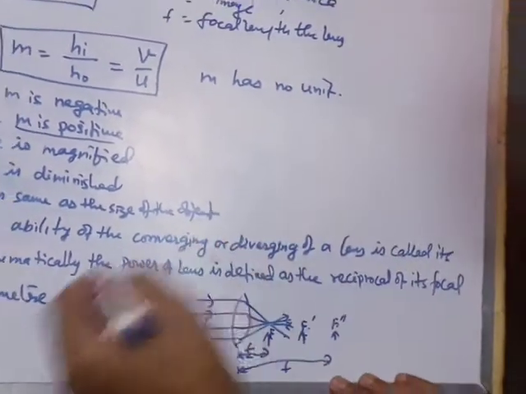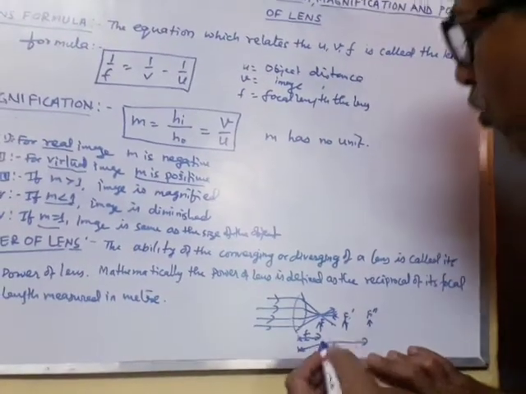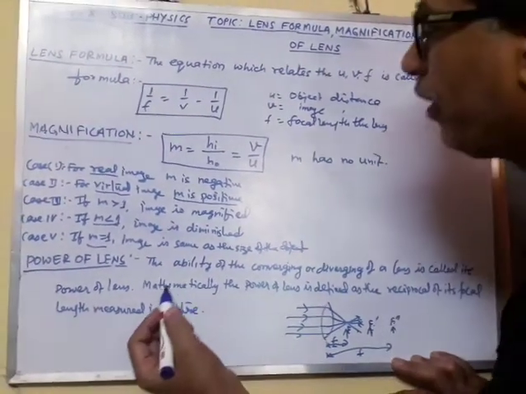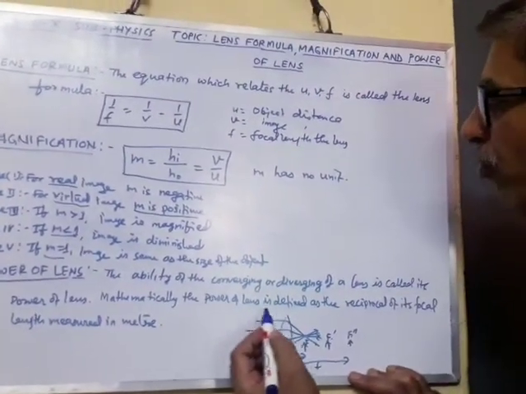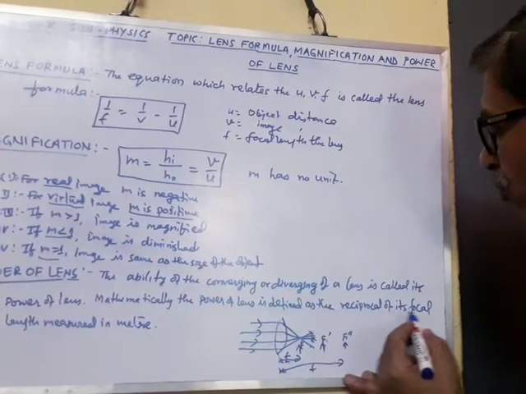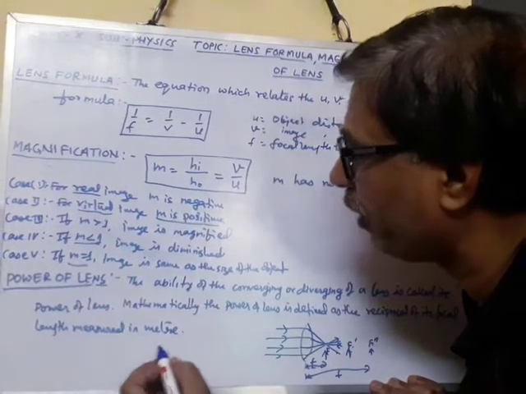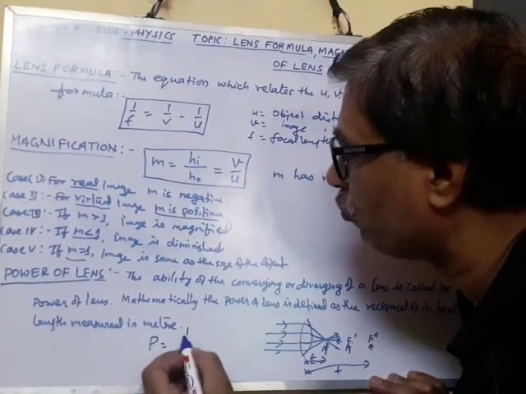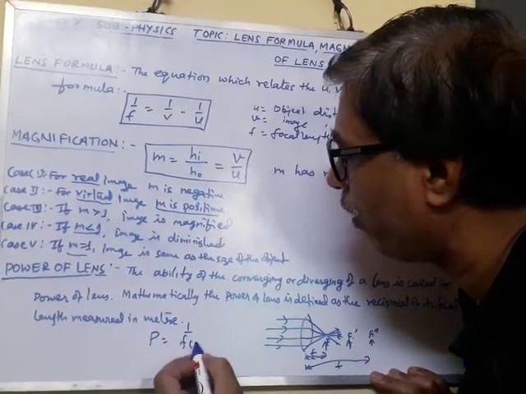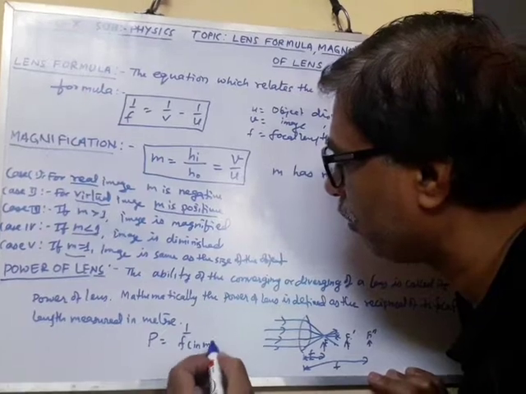It means the power of a lens is the reciprocal of its focal length. Mathematically, the power of a lens is defined as the reciprocal of its focal length measured in meter. We can write P is equal to 1 by f, where f is measured in meter.